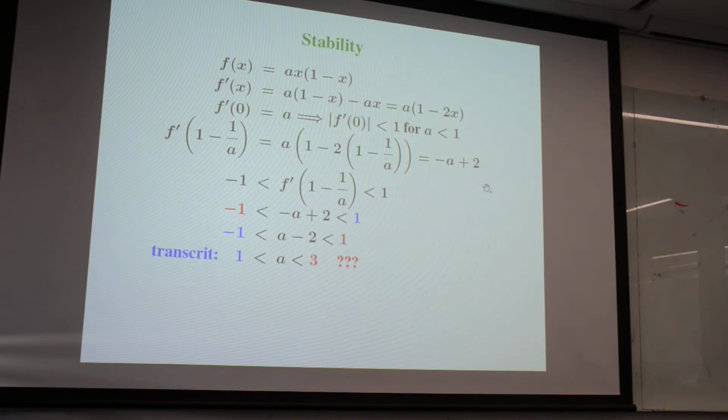And now, here's an important thing. I've been giving this class a long time, I give exams, and people always get this wrong. Of course, you're not all taking the exam, but everybody, pay attention here. We're interested in when f prime of 1 minus 1 over A becomes greater than 1 in absolute value. We're talking in one dimension.